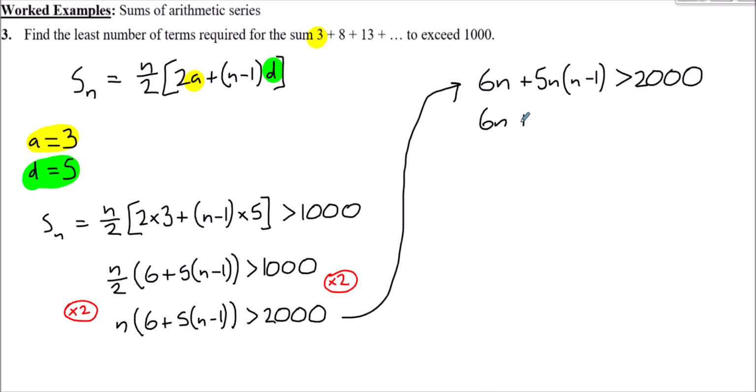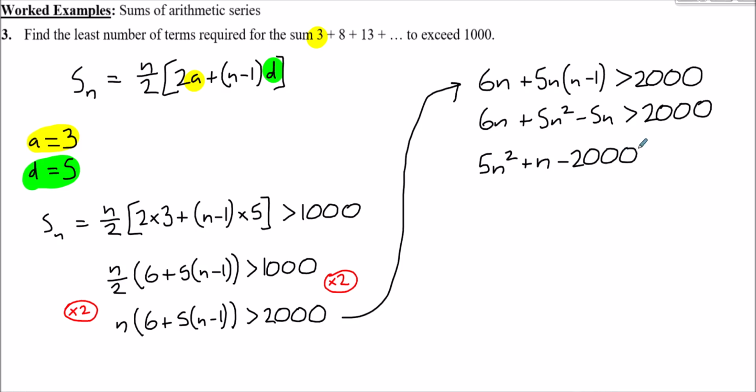So 6n, 5n times n is 5n squared, 5n times minus 1 is minus 5n, needs to be greater than 2000. So finally, let's neaten this up. We've got 5n squared, 6n minus 5n still leaves us with a positive n, and if we subtract 2000 from both sides, then this here needs to be greater than 0.